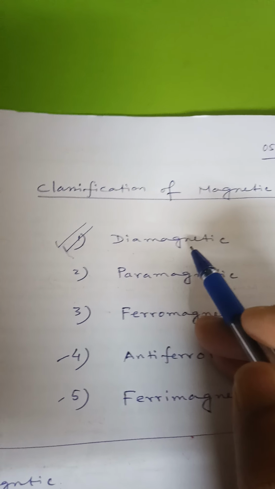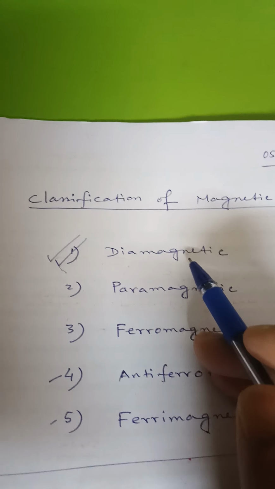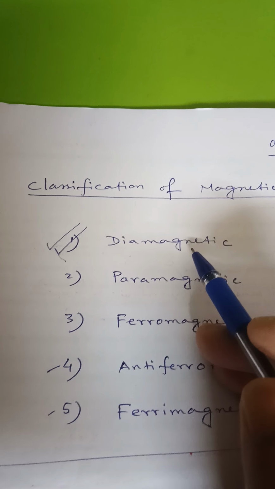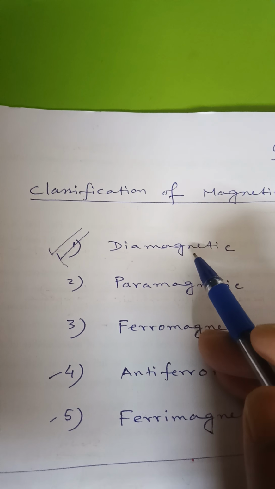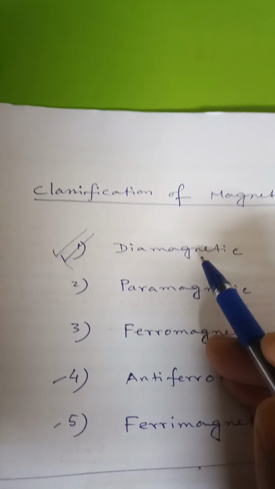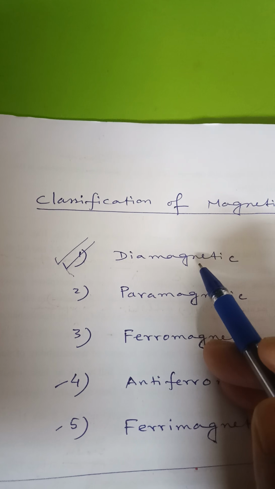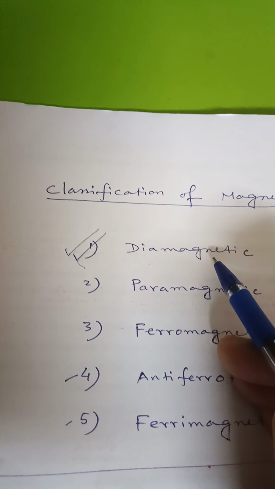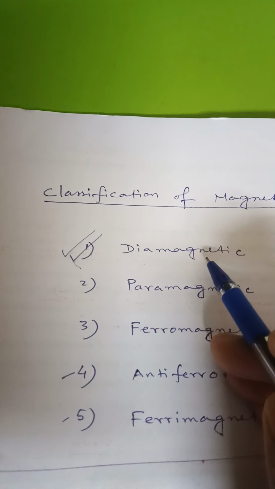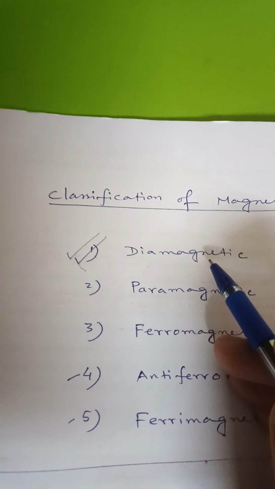When a diamagnetic substance is placed in a strong magnetic field, it has a tendency to move away from the stronger part to the weaker part of the field. If a rod of diamagnetic substance is suspended in a uniform magnetic field, it sets itself at right angles to the magnetic field. Magnetic lines of induction through a diamagnetic substance are fewer than in air.